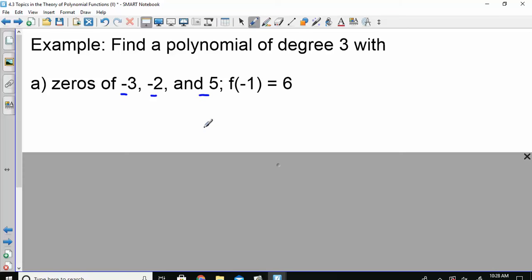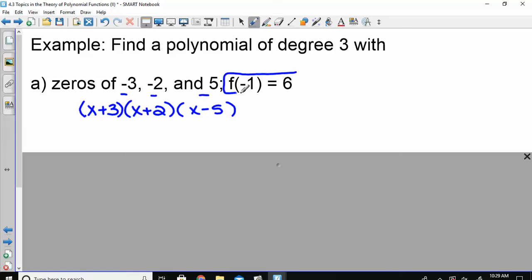No, because there's no imaginary zeros. If negative 3 is a zero, what goes in my factored form? If negative 2 is a zero. So we've met that requirement.